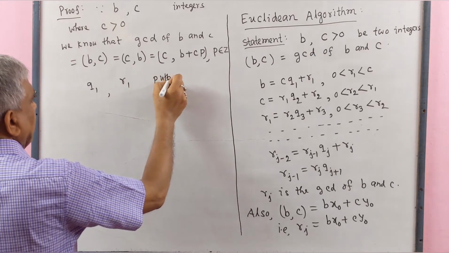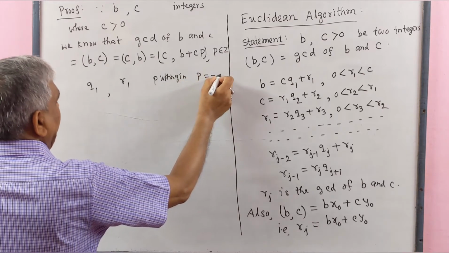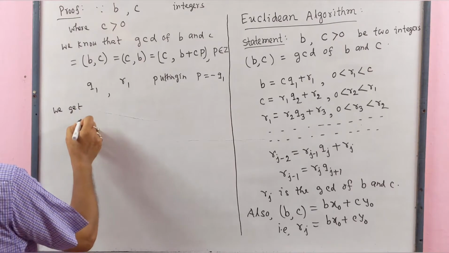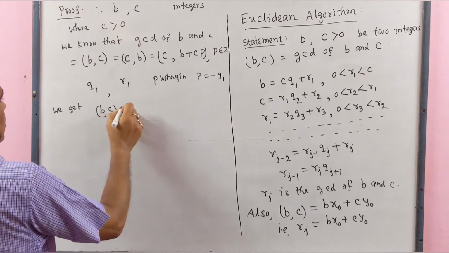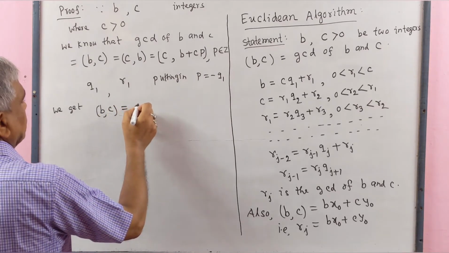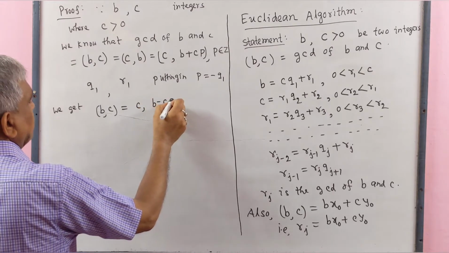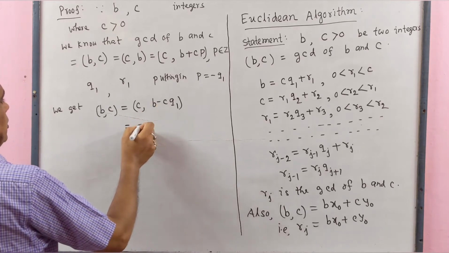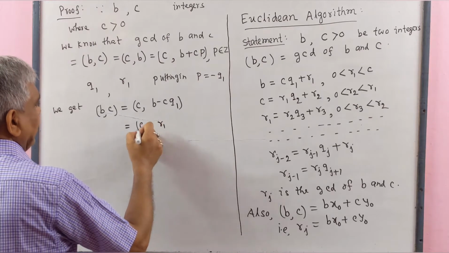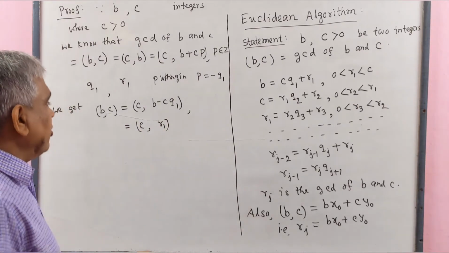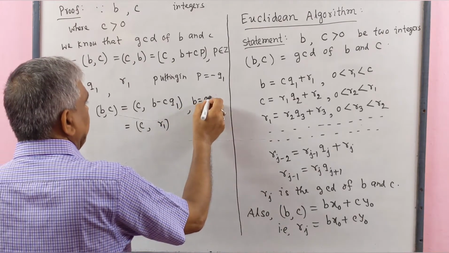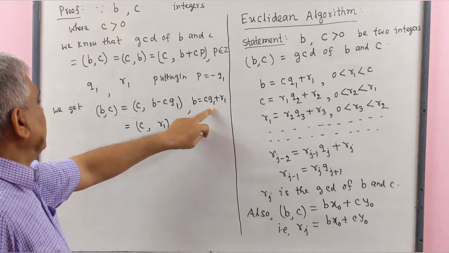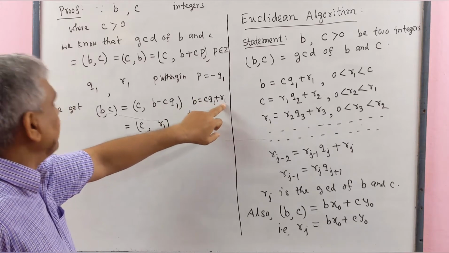Putting P equal to minus Q1, we get GCD of B and C equals GCD of C and B minus CQ1, and this equals GCD of C and R1, because by the division algorithm B equals CQ1 plus R1, where R1 is the remainder and Q1 is the quotient. Therefore, B minus CQ1 equals R1.